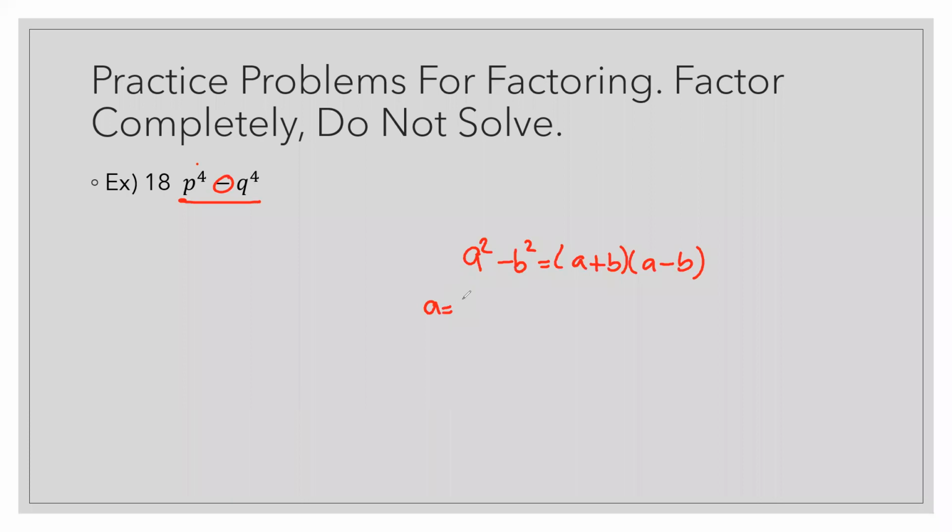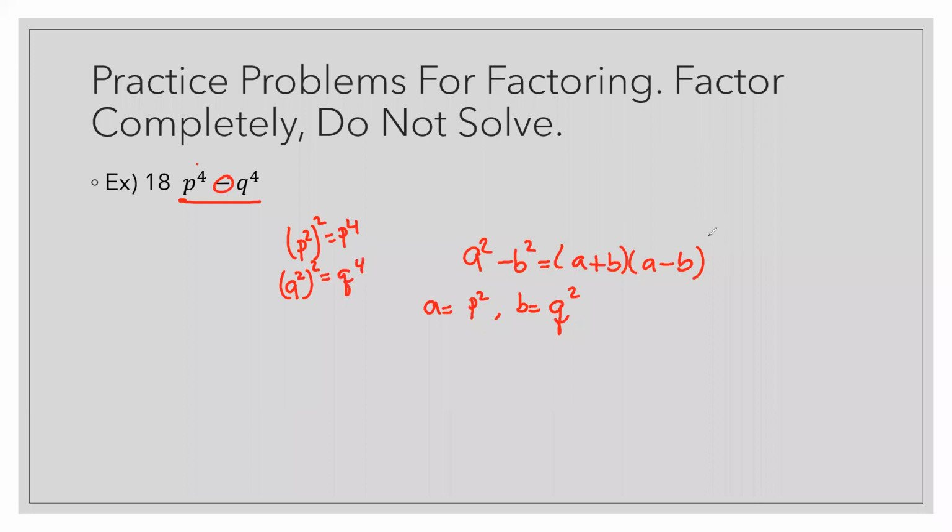Be careful. It's actually going to be p squared, because when you square p squared, you get p to the 4th, right? That's why our A value is p squared. And then what is our B value? Our B value is going to be q squared, because when you square q squared, you get q to the 4th.